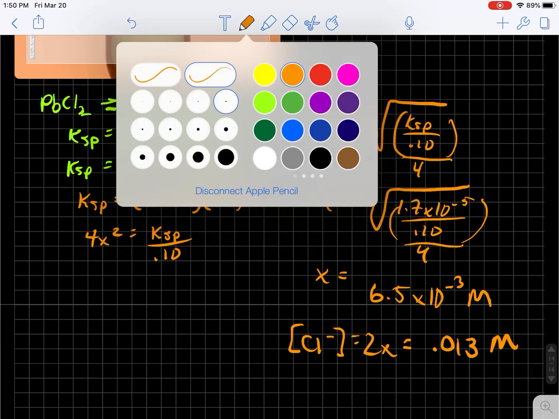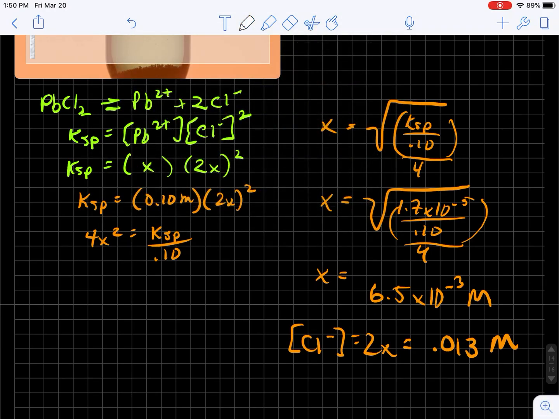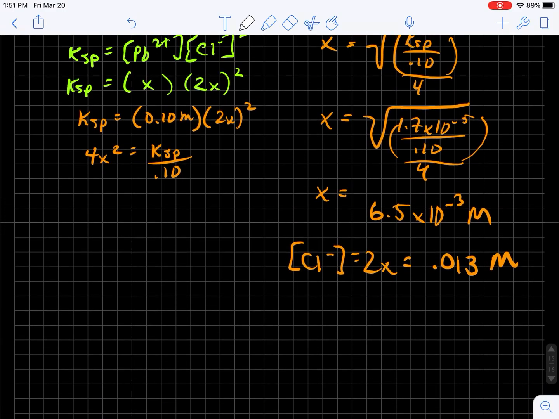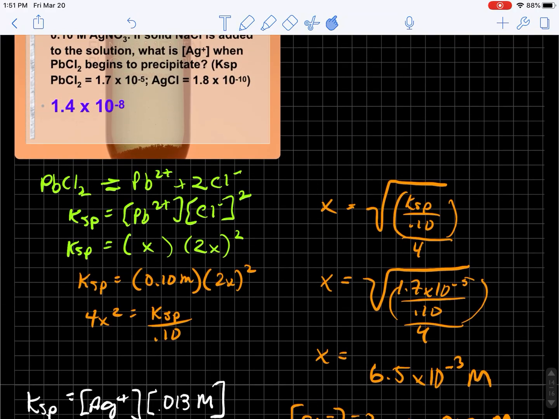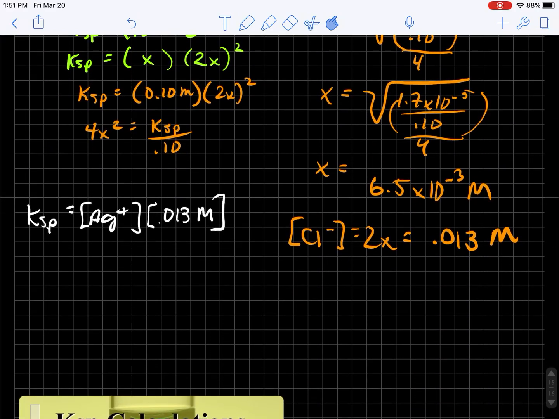All right, so now that I know that, I can go back to my silver chloride system, and I can say KSP for silver chloride is equal to the silver times the chloride. And let me see, what's the KSP? 1.8 times 10 to the minus 10.